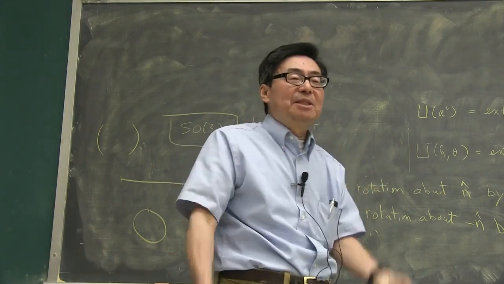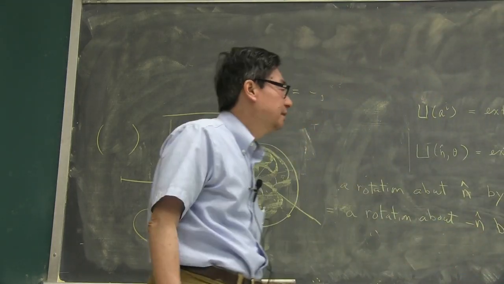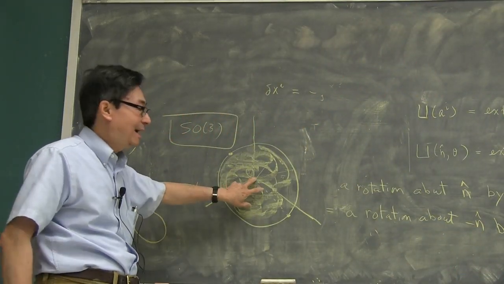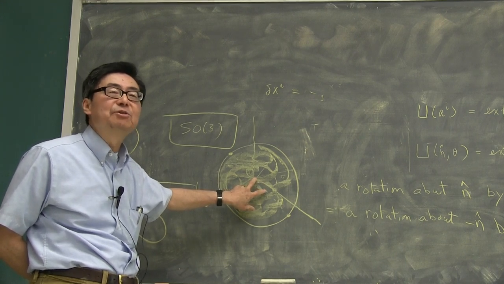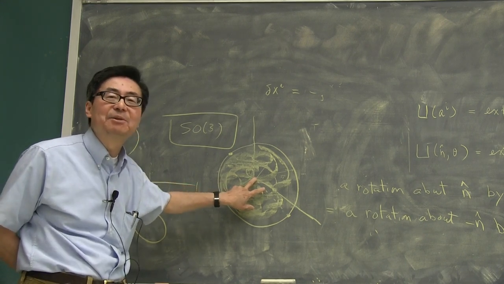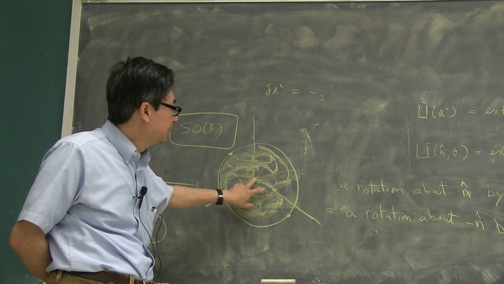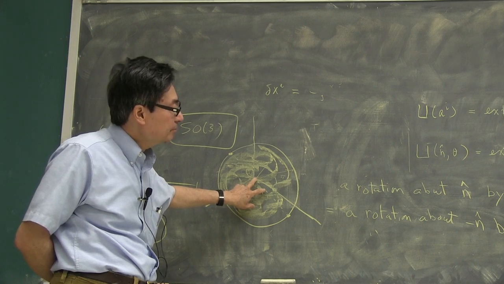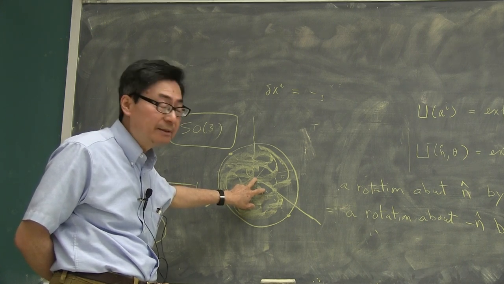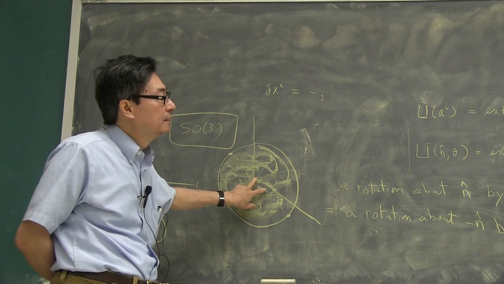And the Lie algebra is defined as the tangent space at the identity, because it tells you what happens when you are not too far from the identity, when you keep only the first order terms in those exponential expansions. The Lie algebra is then the tangent space at the identity. It's a three-dimensional linear vector space.